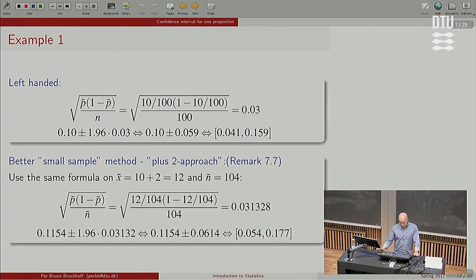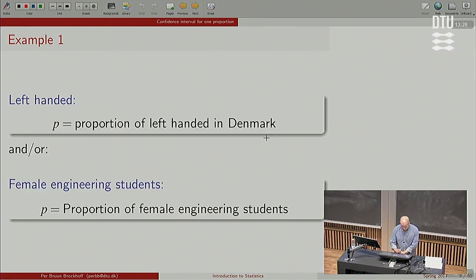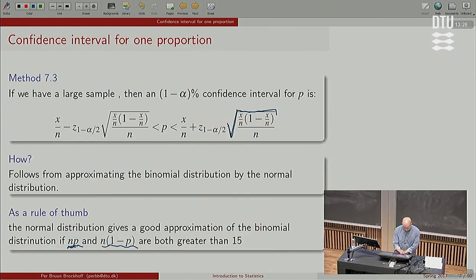Here is a remark. Actually, I had a problem that I ignored. Maybe I was a bit fast. I should have asked you, of course. We had the problem that we actually had a 10 outcome here, which was not above 15. So if I were very strict on this rule, I couldn't apply my formula.